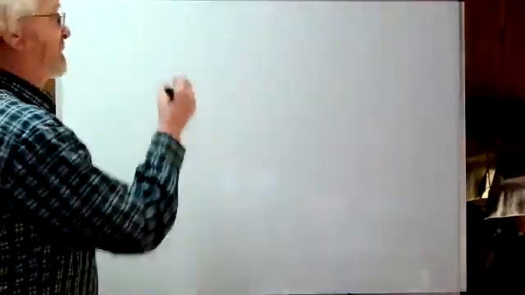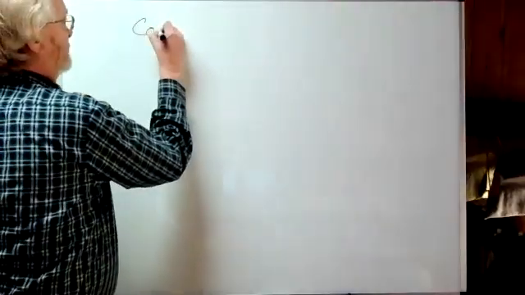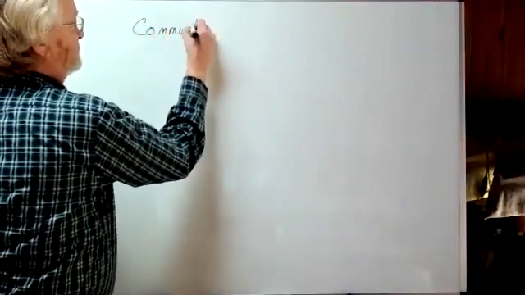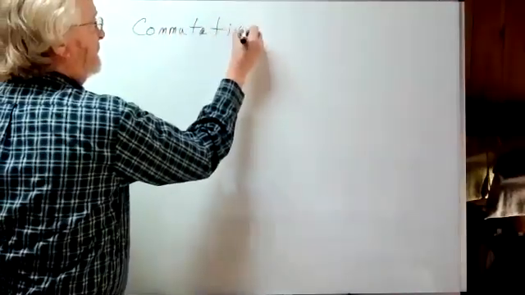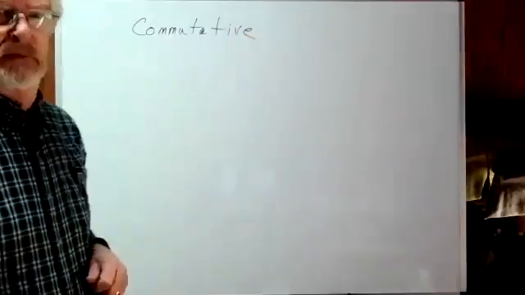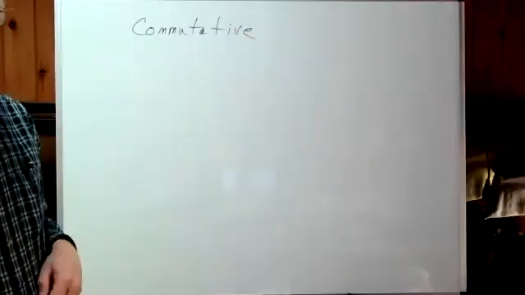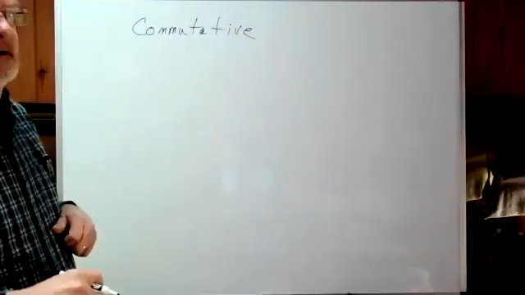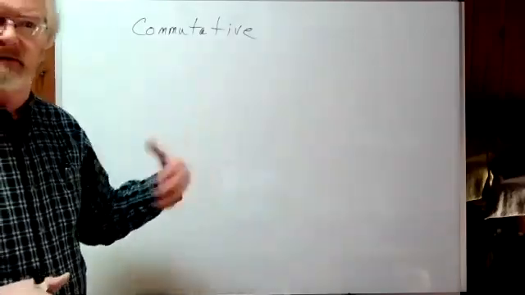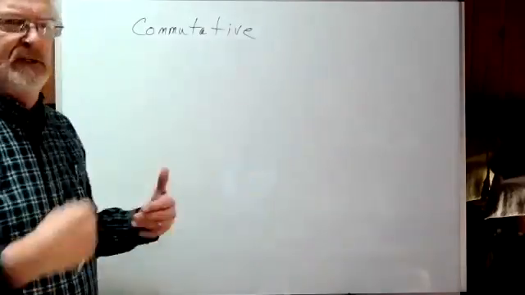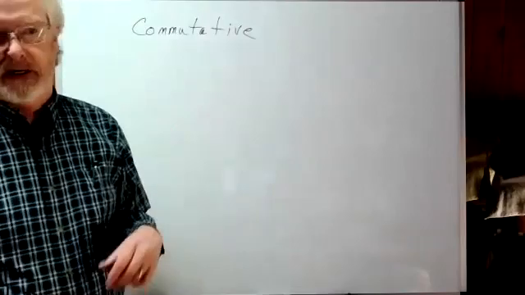First of all, I want to talk about a property that you may have heard of, that I threw out a couple times, called the commutative property. The root of that word, I hope you can read my writing there, is commute. If you commute, you travel, you change positions or locations.